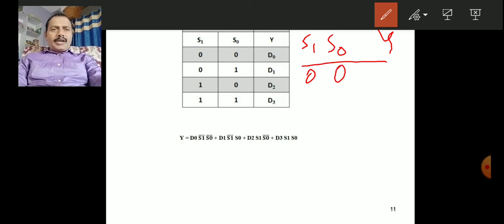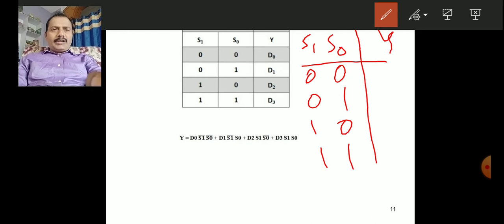You have to write first 0 0, 0 1, 1 0, 1 1. First you have to write these combinations. After that you observe here I have written the combinations.